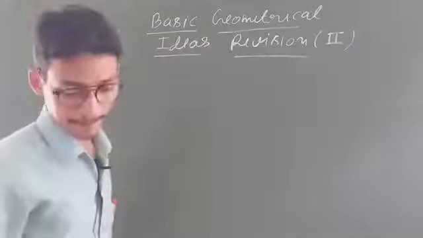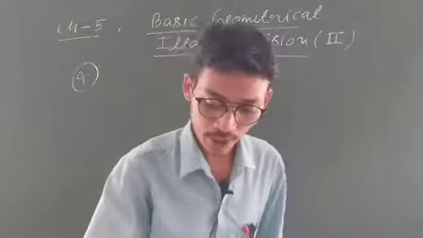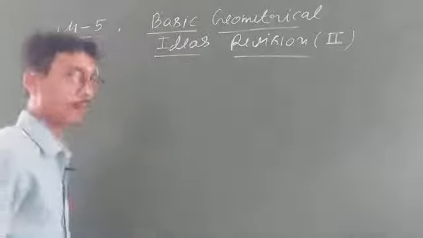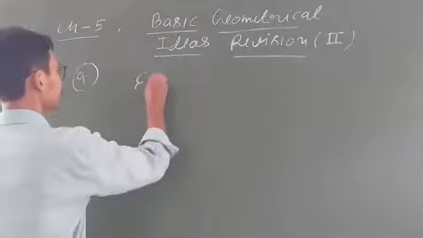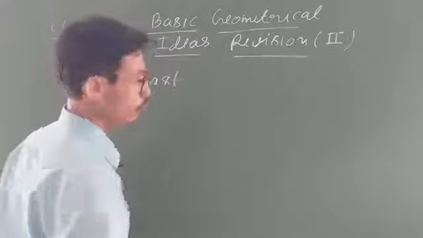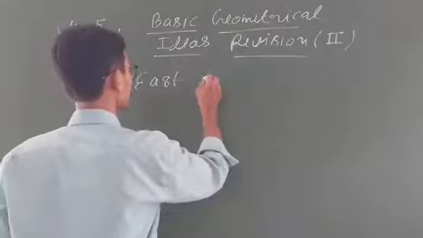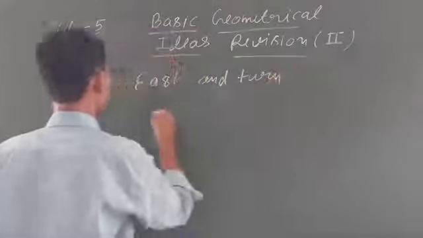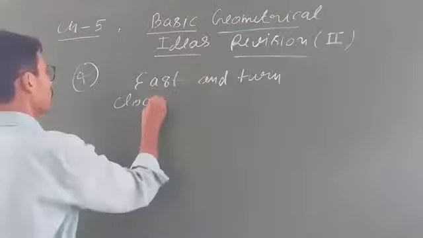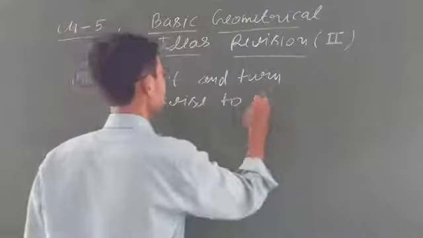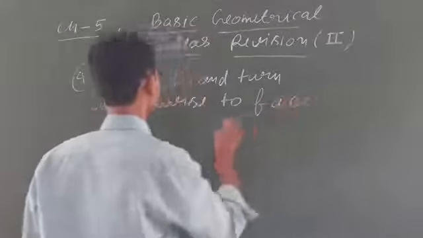Now question number 4. It is given: what part of a revolution have you turned through if you stand facing east and turn clockwise to face north? Now look, you have to find out the part.